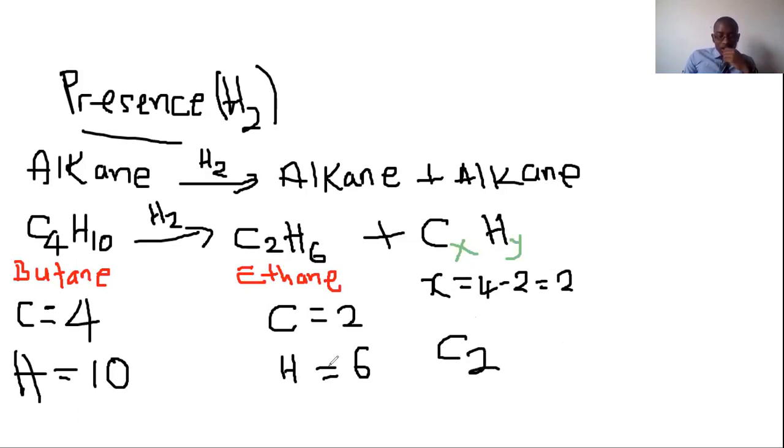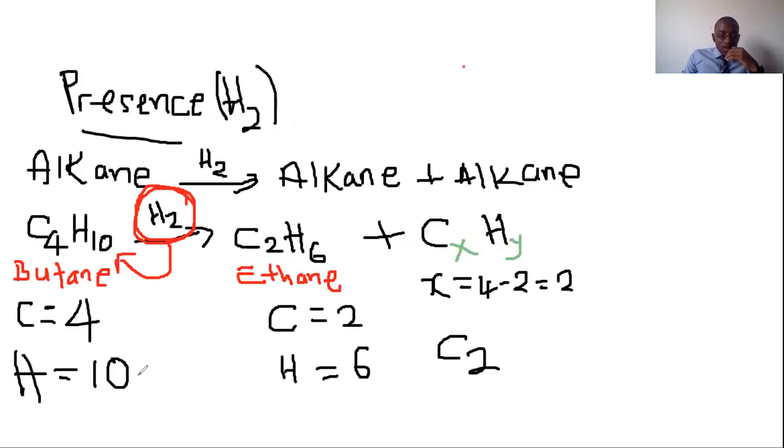What about the hydrogens? This is when the presence of hydrogen comes into play. When cracking is occurring in the presence of hydrogen, this hydrogen is part of the reactants.